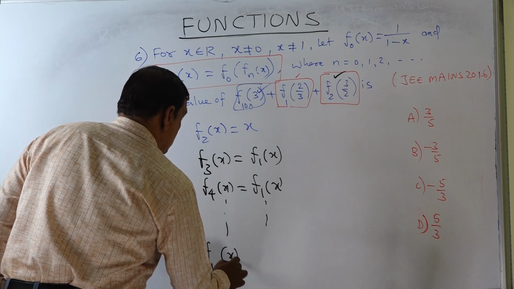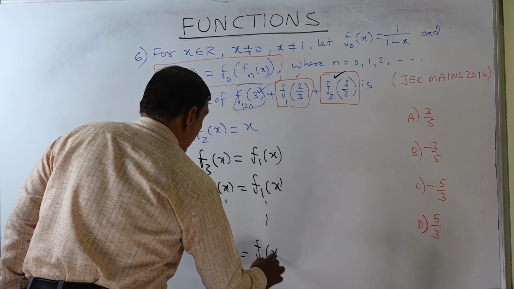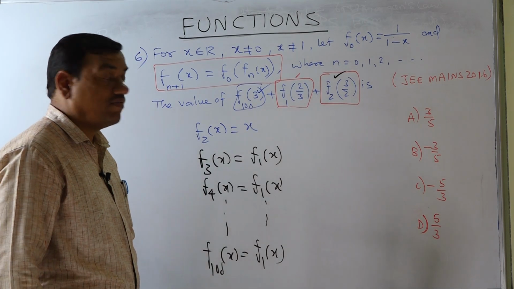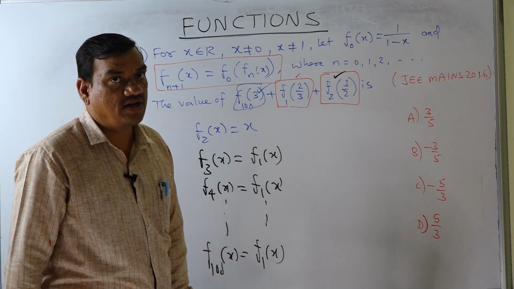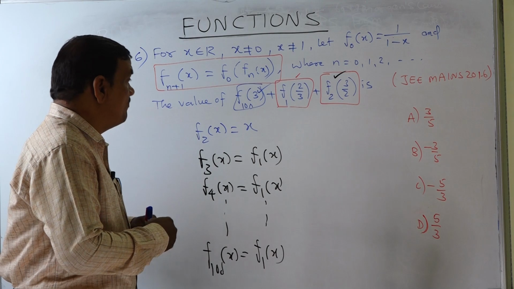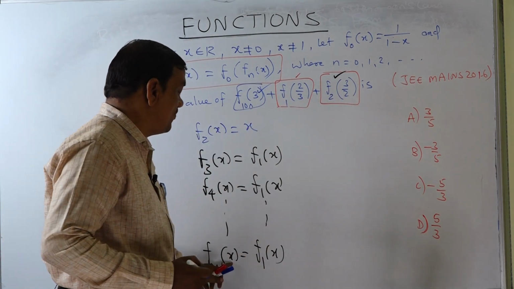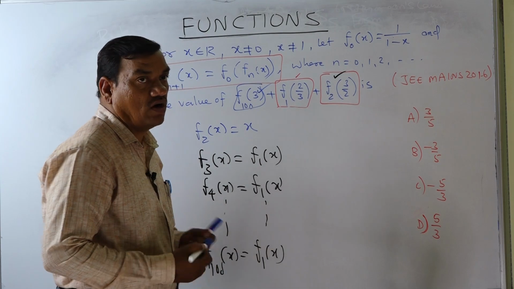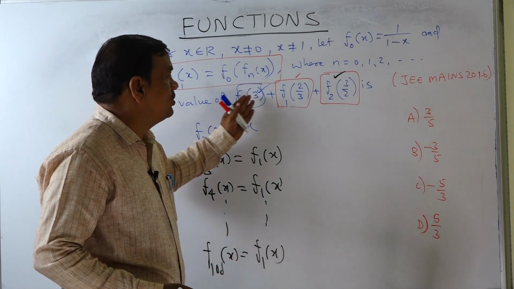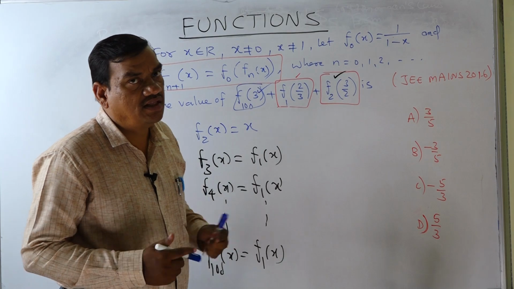So f100 of x is equal to f1 of x. Everything we got: f1 of x, f2 of x, and f100 of x is also f1 of x. Now we will substitute these values and we will get the answer.